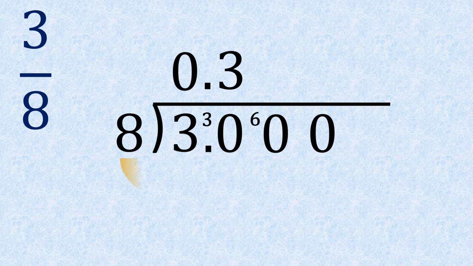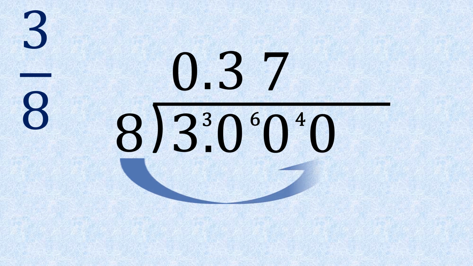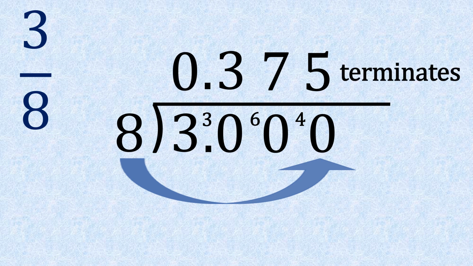So we carry the 6 over, so that's giving us 60. 8s into 60, we know that goes 7 times, and we've got a remainder of 4, so we carry that over. 8s into 40 then, that goes nice, just 5 times, and here the number terminates, we can't go any more, and it's showing us the answer is 0.375.